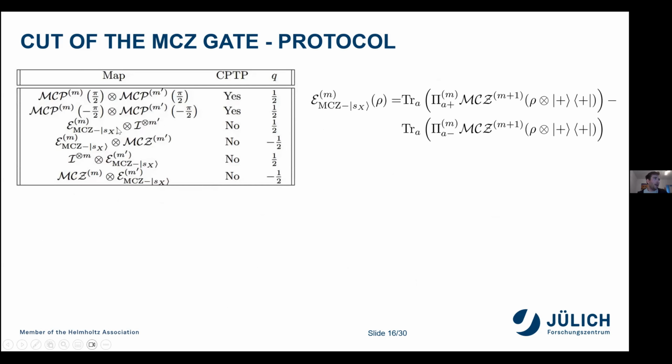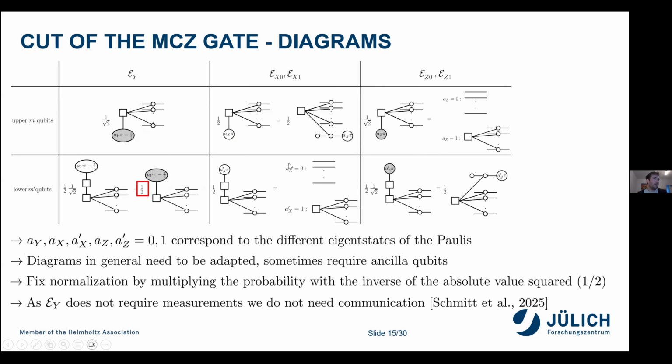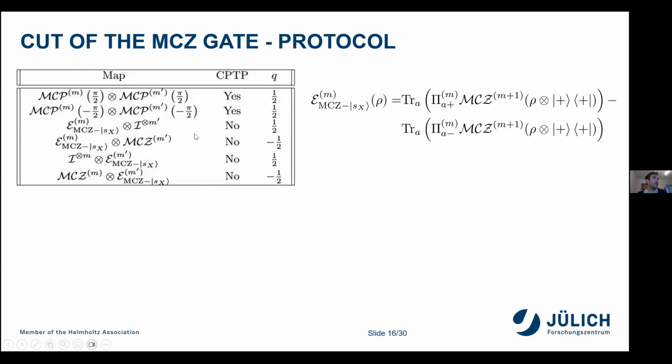Then the next two lines correspond to this Pauli X, where for the upper qubit, you take this ancilla qubit, you apply the MC Z, and you measure the ancilla in the X basis, and for the lower qubit, we need to apply an identity or the MC Z. And this is defined in these two lines, and this is the channel with the ancilla qubit. And yeah, for the last two lines, it's from the Pauli Z, and it's very similar.